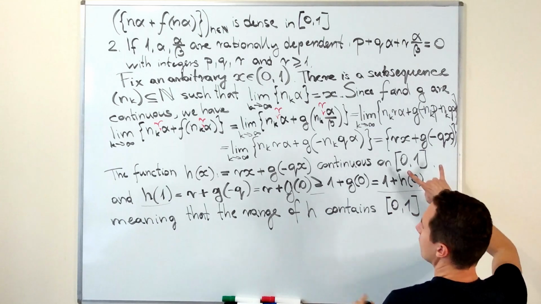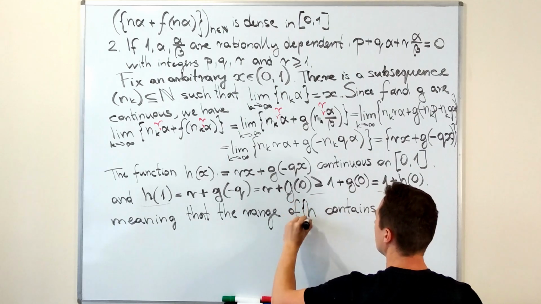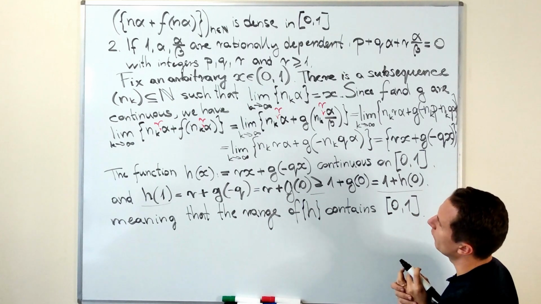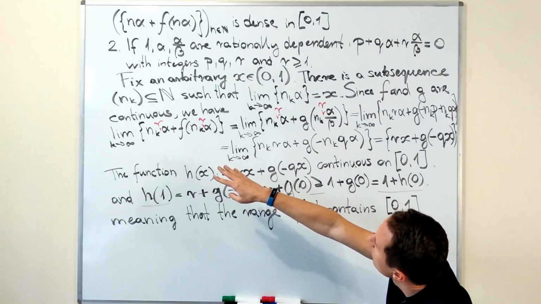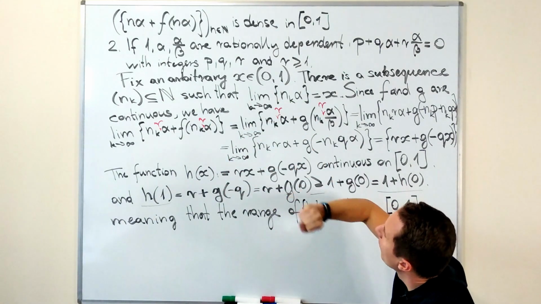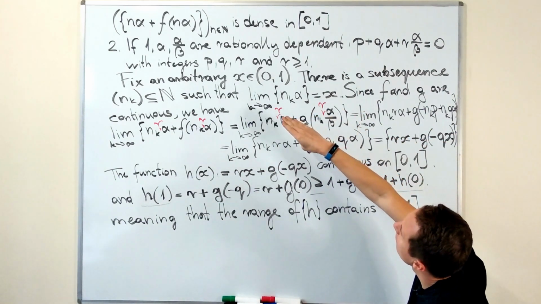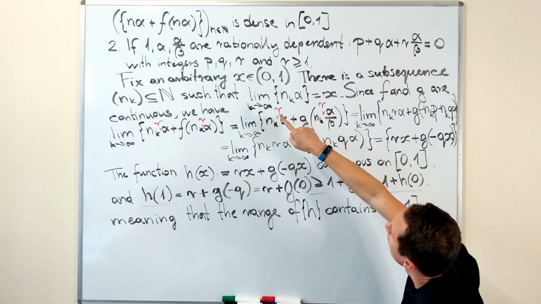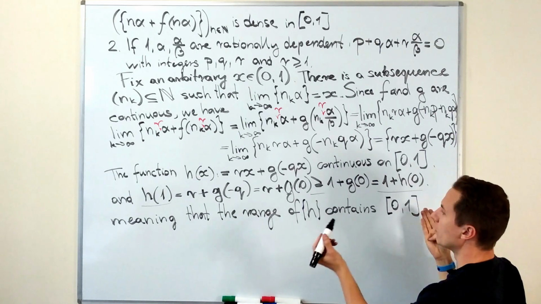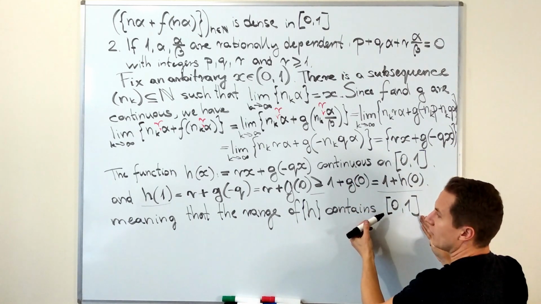Well, the range of not h, but the fractional part of h contains the unit interval, because we are taking the fractional part. Remember, the limit that we started with, the limit of a subsequence of our original sequence, resulted in this number, which, as x runs through the real numbers from 0 to 1, will in the end cover the entire unit interval.